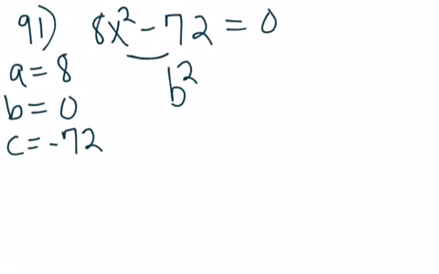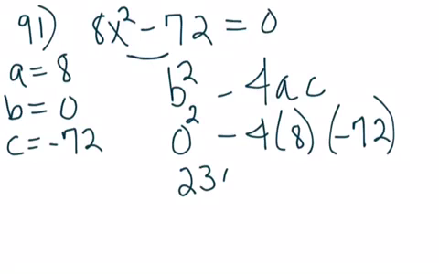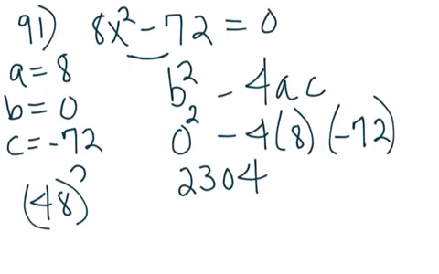So when you do B squared minus 4AC, that gives you 0 squared minus 4 times 8 times negative 72. When you multiply that, you get 2,304, which you may or may not know is 48 squared. So it's positive and a perfect square, so we have 2 rational roots.